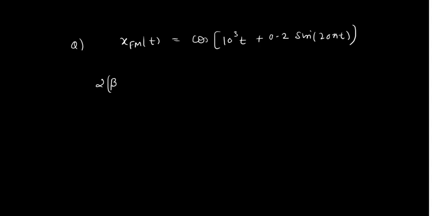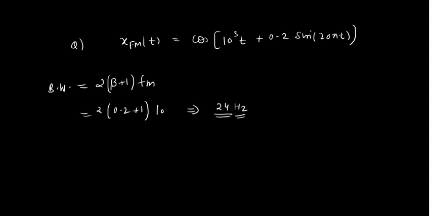So bandwidth is this, and your beta is 0.2, your Fm is 10. So the answer is 24 hertz. It was also a very simple question.